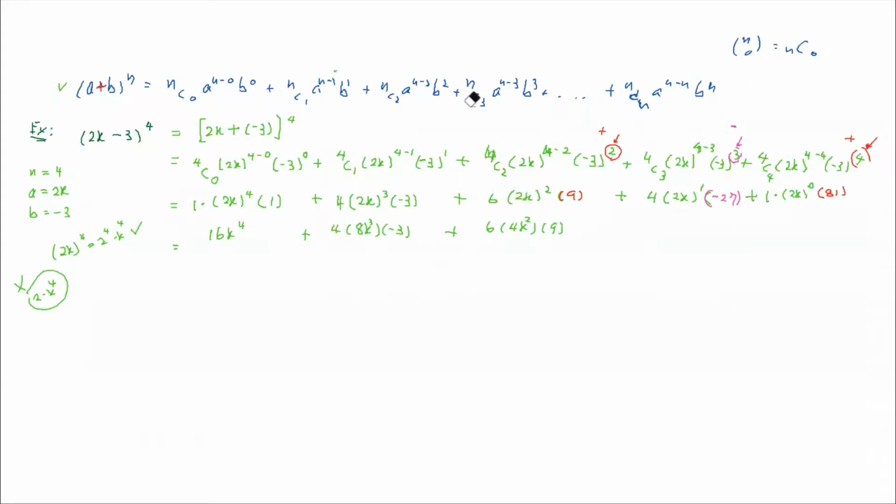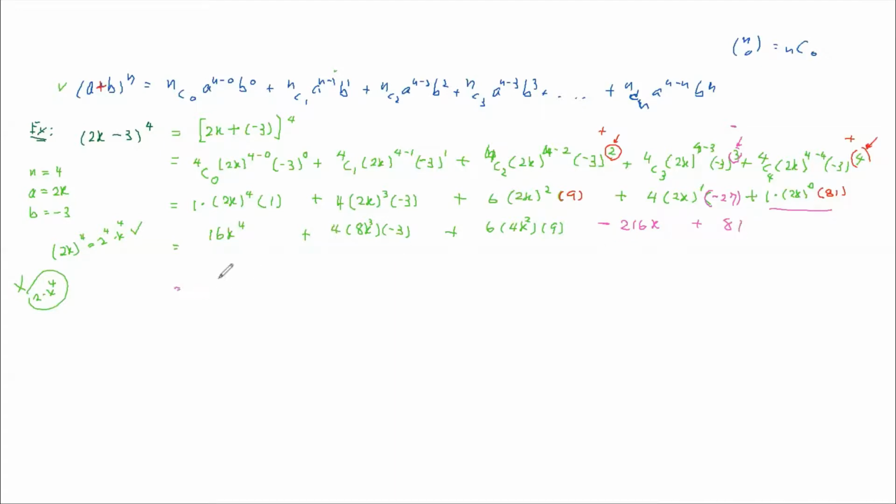So plus times negative becomes minus here. And then you can see 4 times 2 times 27. What do we have? 4 times 2 is 8. 8 times 27 is going to be 216, and then x power 1. Okay, and next one, just the last term here. 1 times 2x power 0 is a 1. So 1 times 1 times 81 comes out as 81 here.